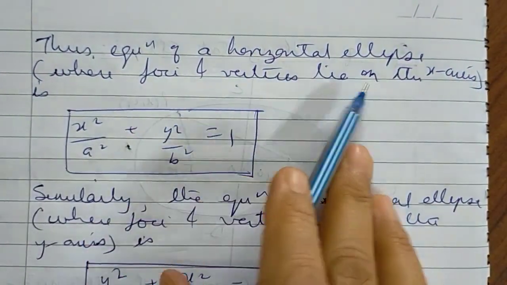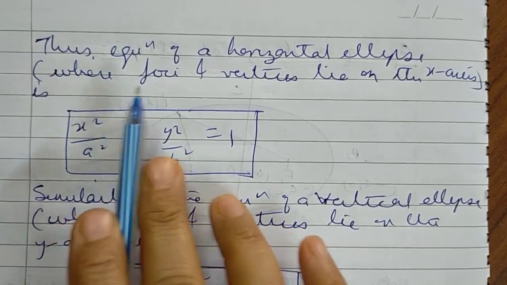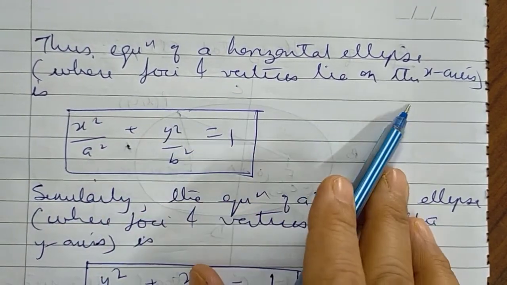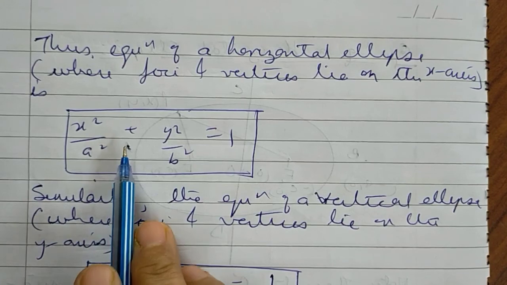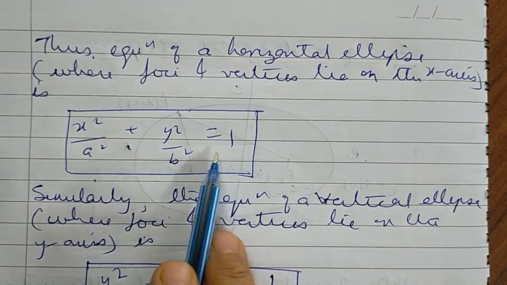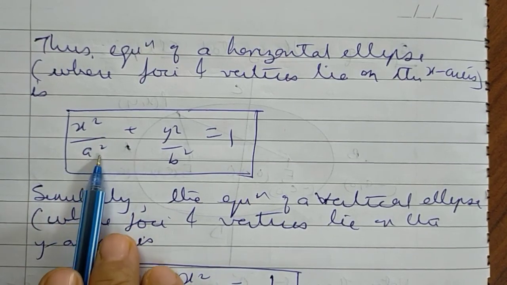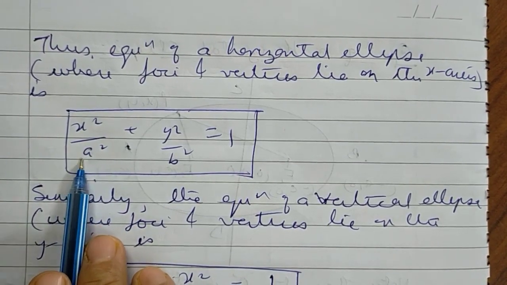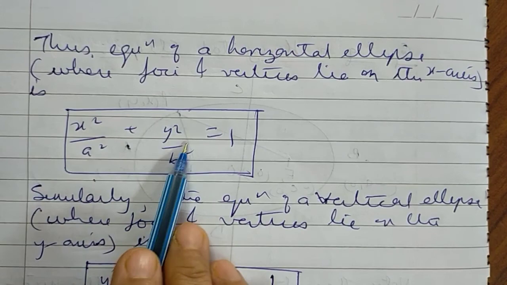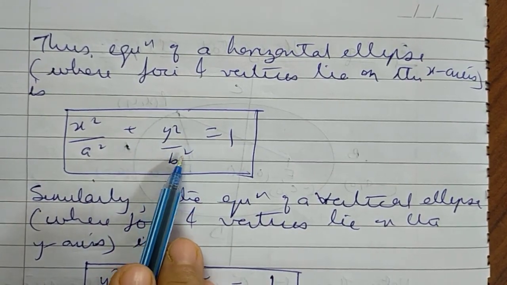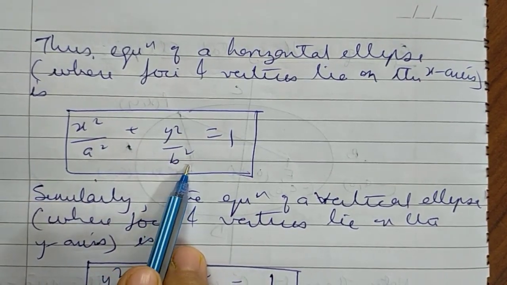And thus we say that the equation of a horizontal ellipse where the foci and the vertices both lie on the x-axis is x squared over a squared plus y squared over b squared equal to 1. That is, the denominator of x squared is always equal to the square of the semi-major axis, and the denominator of y squared is equal to the square of the semi-minor axis.